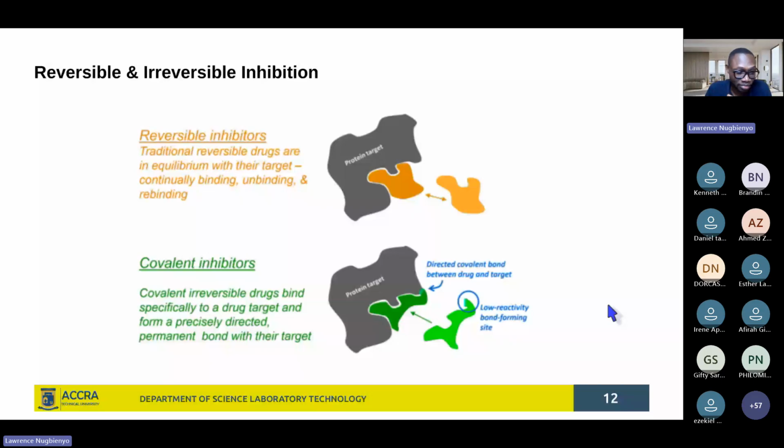You see some pharmaceutical agents, some drugs that are such irreversible inhibitors. You also see some of these which are reversible inhibitors. So you can have inhibitors of these two kinds, reversible and irreversible inhibitors.